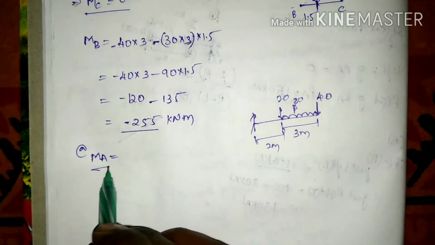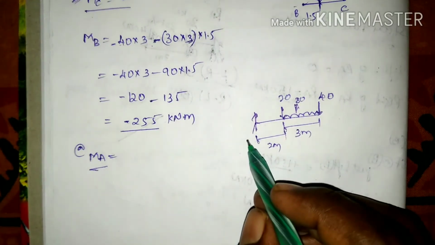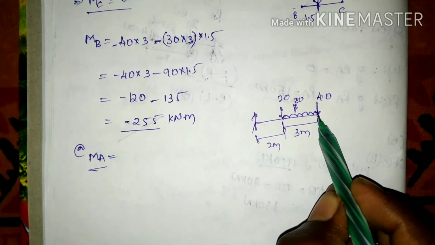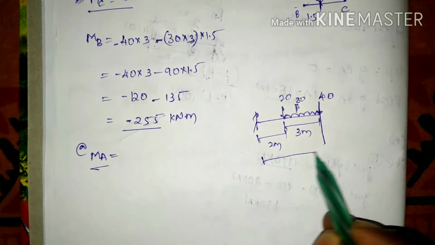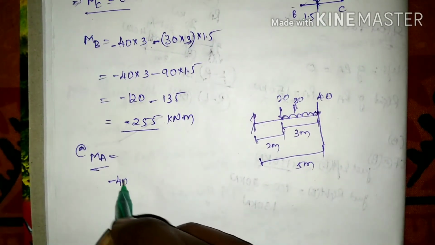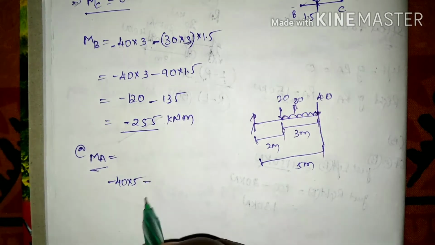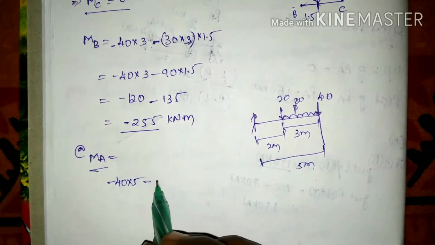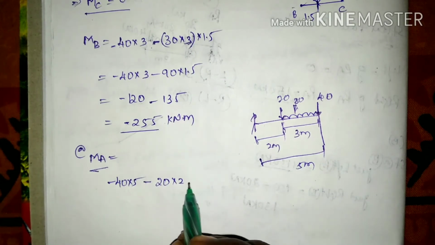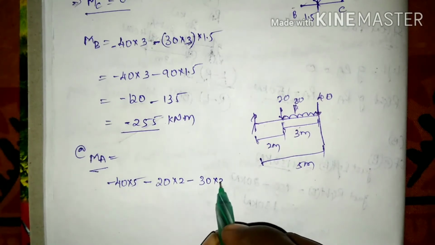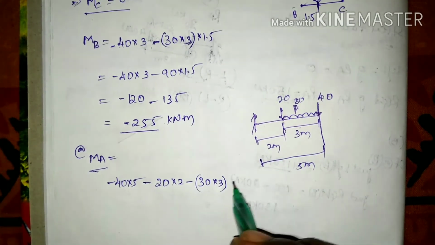For the moment about A, the 40 kilonewton load is going to act at a distance of 5 meters, that is minus 40 into 5 minus the point load 20 into 2 and minus 30 into 3, which is going to convert the UDL to a point load.